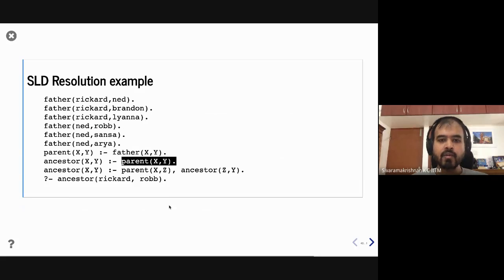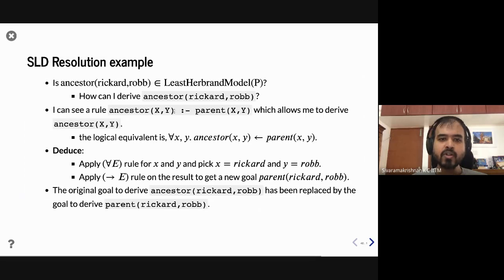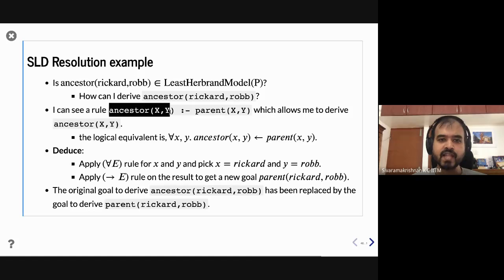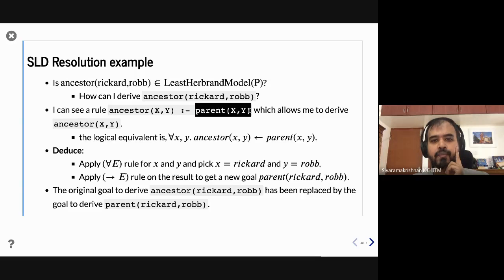But the intuition is this: if I want to show that Rickard is the ancestor of Rob, and I observe that there is a rule which says that X is an ancestor of Y if X is a parent of Y, then I can derive ancestor Rickard Rob by showing that parent Rickard Rob holds, which is what Prolog is trying to do.